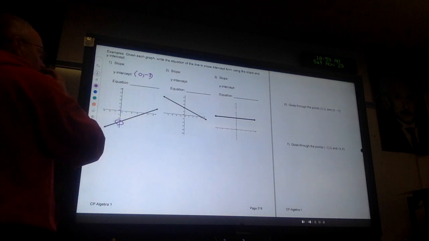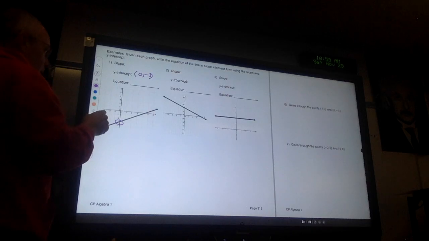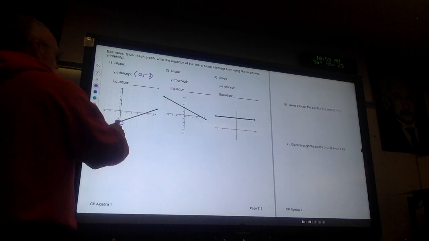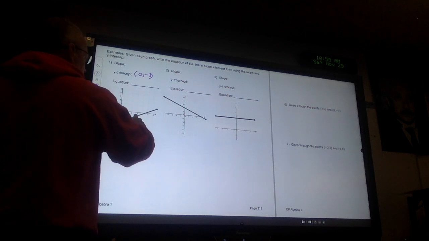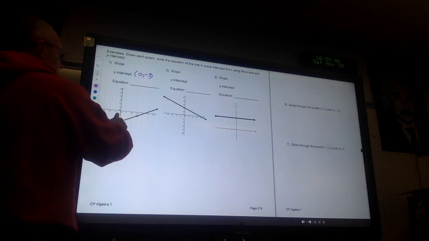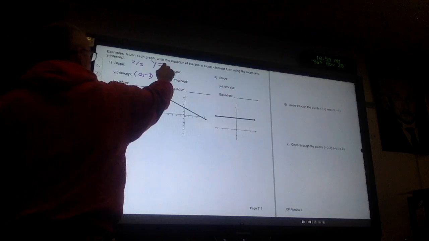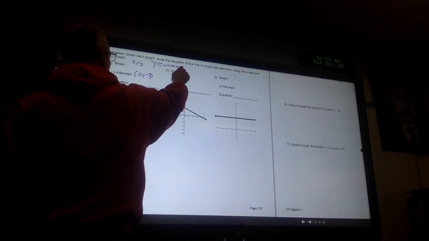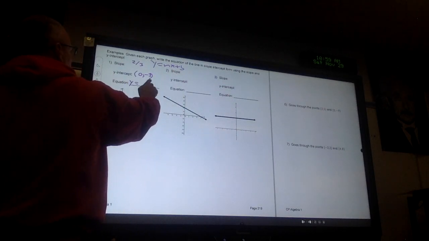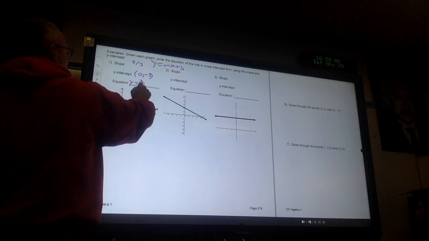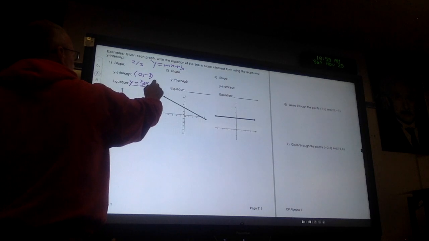And if we wanted to figure out our slope, we can count from here, because we know this point down here, to this point right here. So if I go up 2 and right 1, 2, 3, I have a slope of 2 over 3. And then using y equals mx plus b, we can create our equation. So we're going to get y equals our slope, which is 2/3 x, and then our y-intercept is -3.